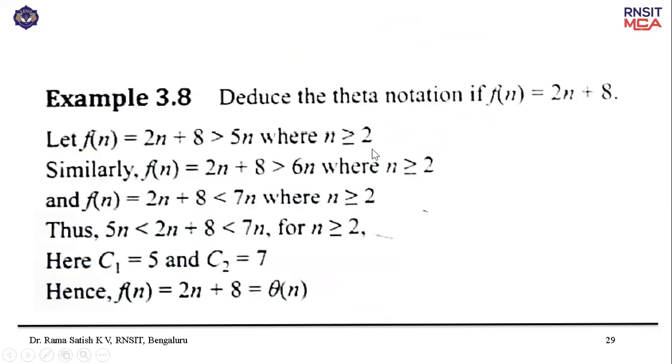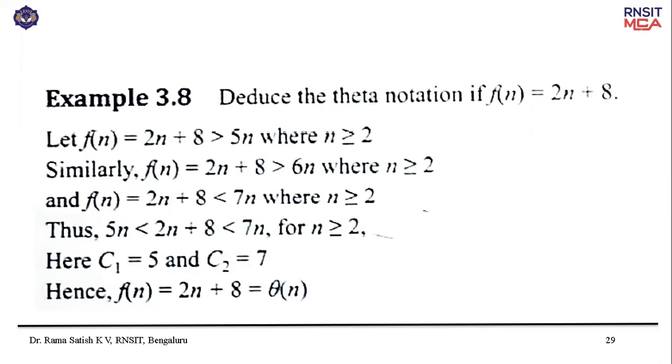And here also you will have a question: deduce theta notation of the function f of n is equal to 2n plus 8. So you can say 2n plus 8 should be greater than 5n, where n is greater than or equal to 2.